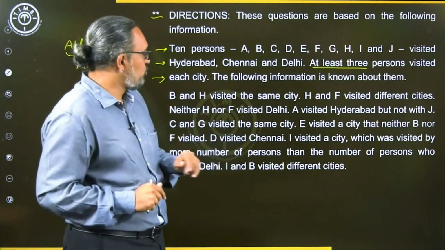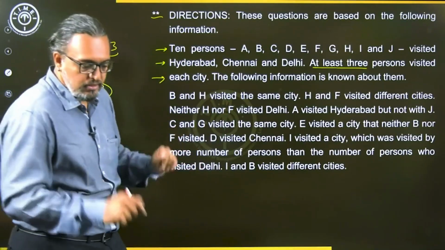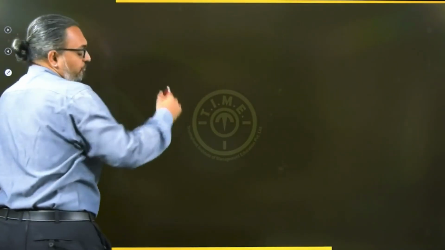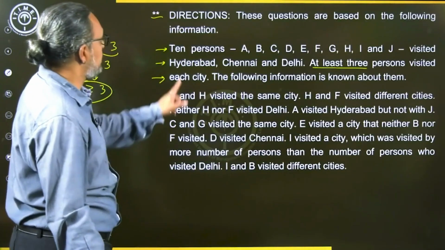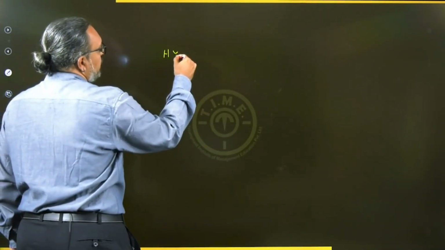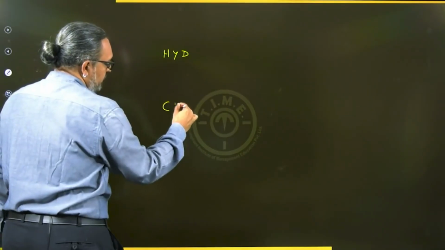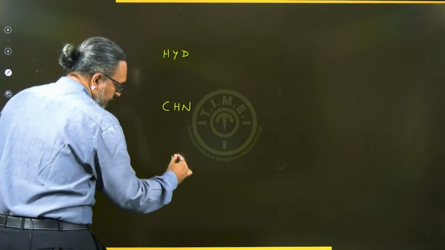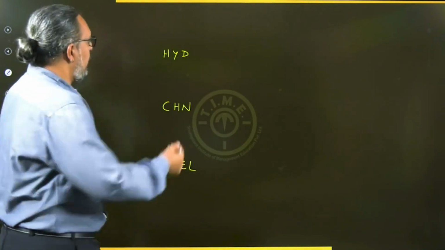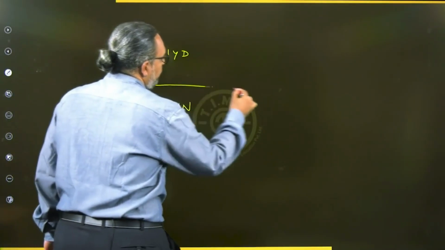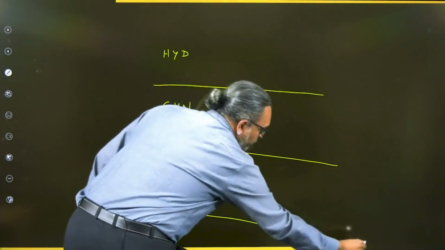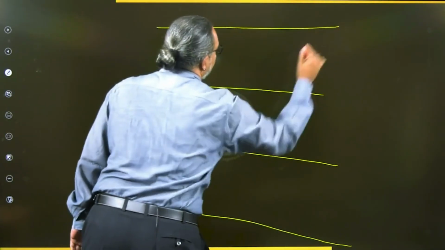Okay. So now before we go into the information, let's take the table. We will have the cities: Hyderabad, Chennai, Delhi. We fix the cities. Correct? Now we will have to give some positions here.